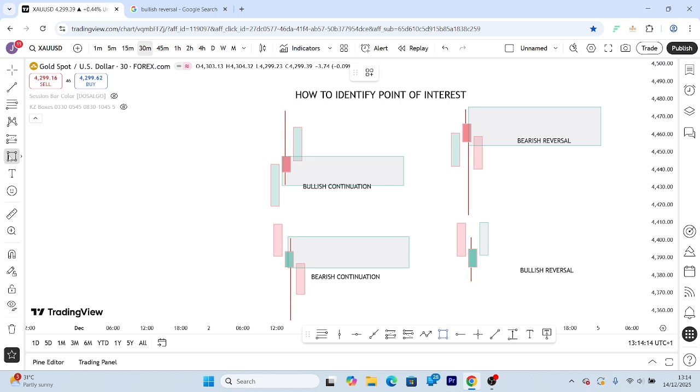Also, for this one in the bullish reversal, if the wick is far longer than the body, we're not going to pick the whole point of interest. Instead, we're going to pick from this body and down to this place.